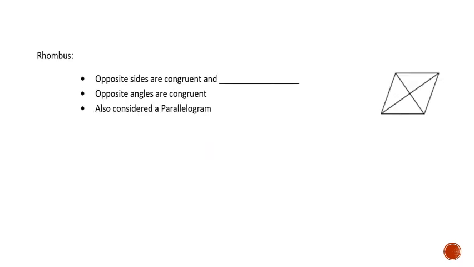The next figure we will be talking about is a rhombus. A rhombus is also called a parallelogram, so it has all the features we just talked about for parallelograms, but it also has a couple additional features. So opposite sides are congruent and parallel.